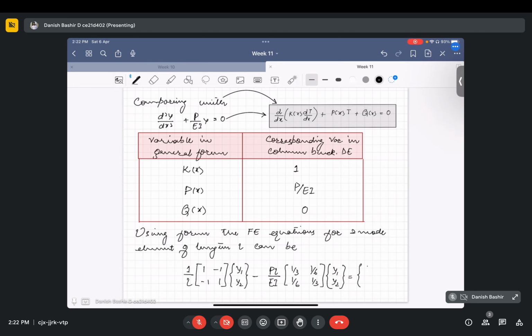So this is the finite element equation for a two node element for our column buckling problem.